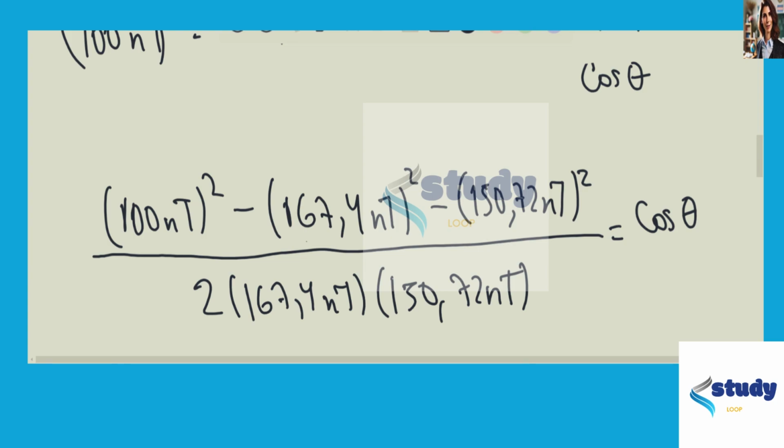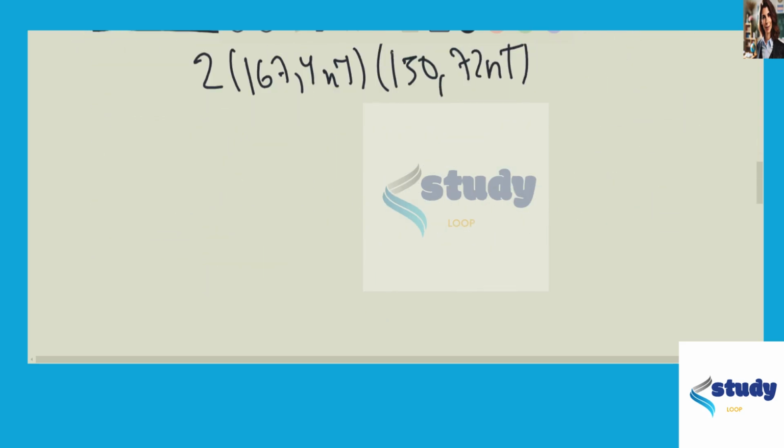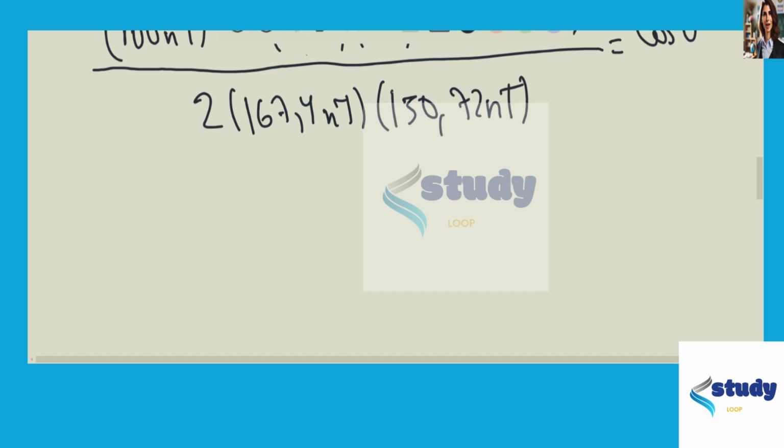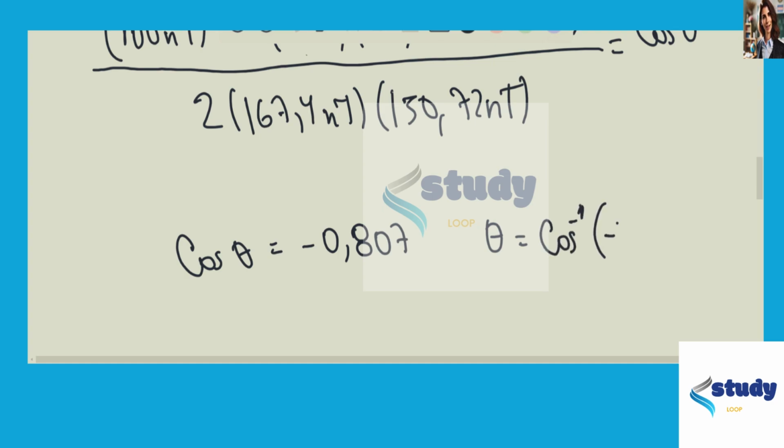After plugging all of these values into the calculator, we obtain that the cosine of theta is equal to minus 0.807, and to obtain the angle, we take the inverse cosine of that value, so that the angle is 143.8 degrees.